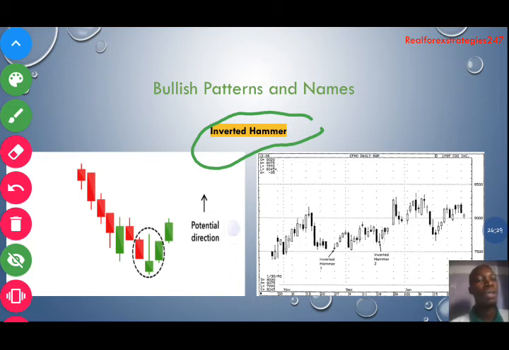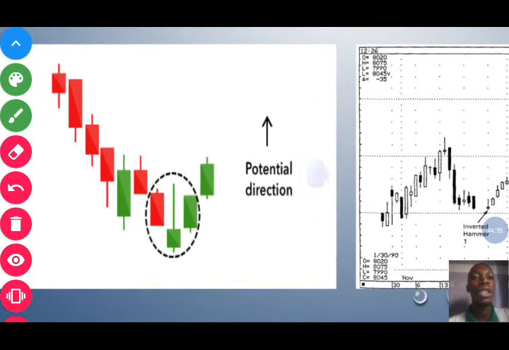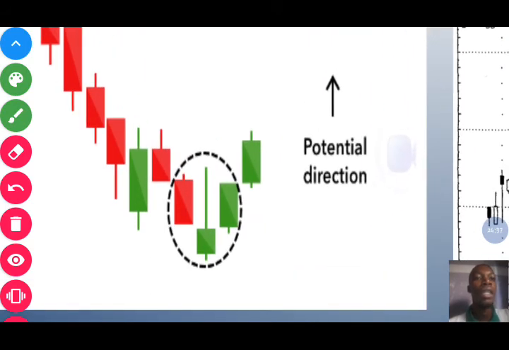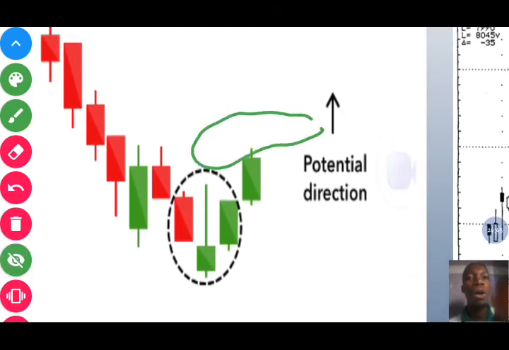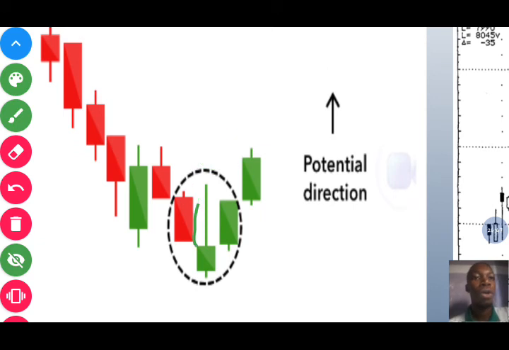That is why it is called inverted hammer. When I zoom the chart close, you would see that it really looks like the former pattern, but only this time the wick is up, and the real body is down.